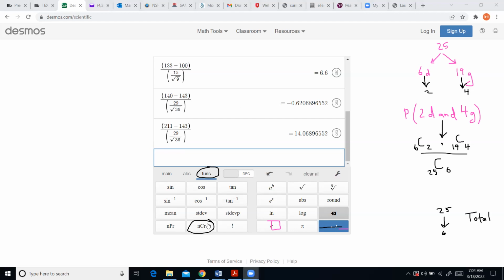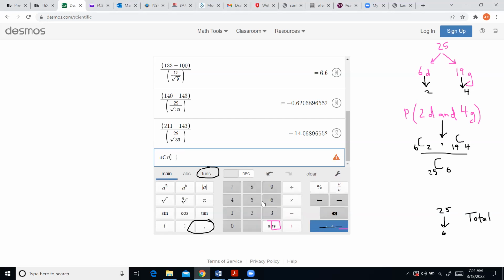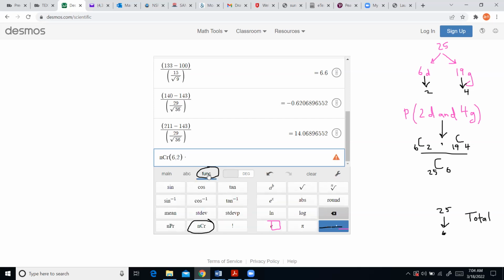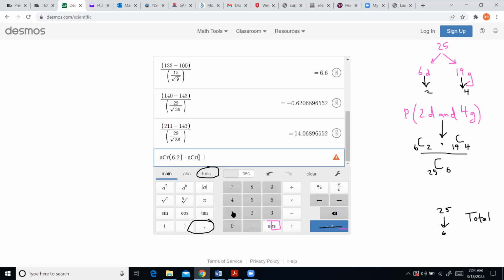So you can click on this combinations. Then I go back to main where those numbers are and start placing 6, comma 2, parentheses, times. Again, go back to functions. So we get those combinations, and get back to main. So I put 19, comma 4.